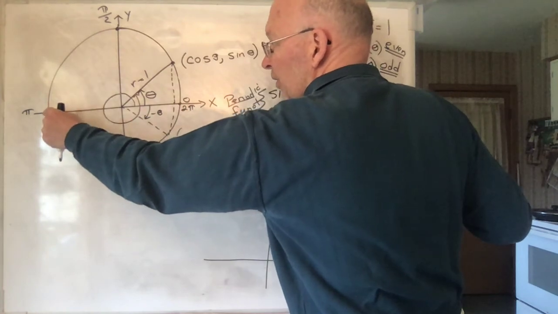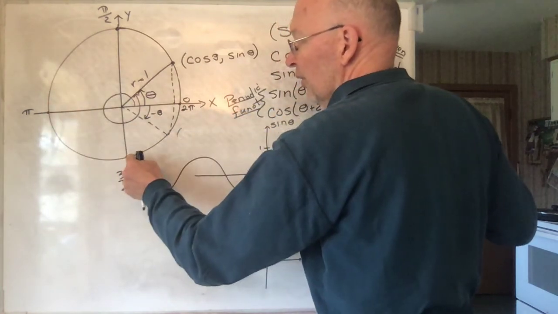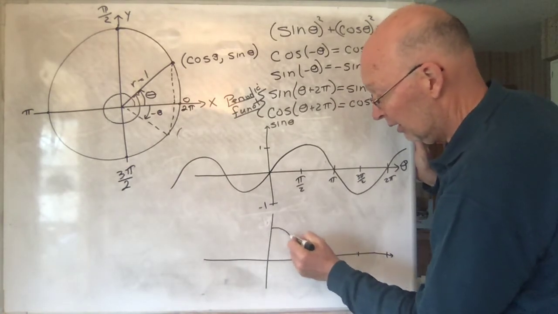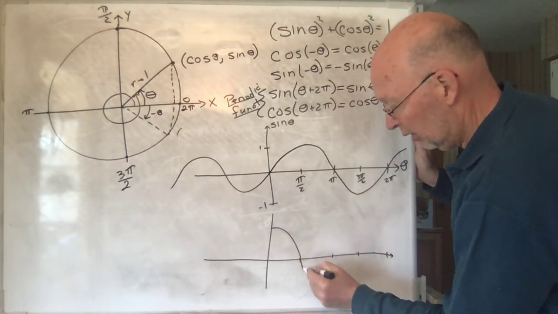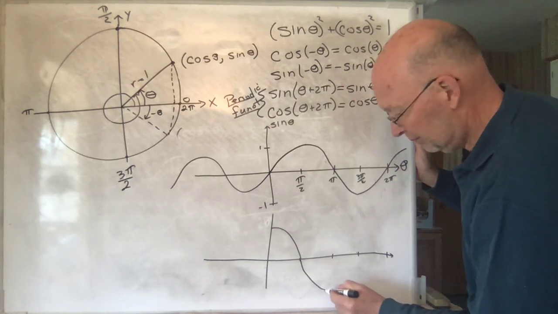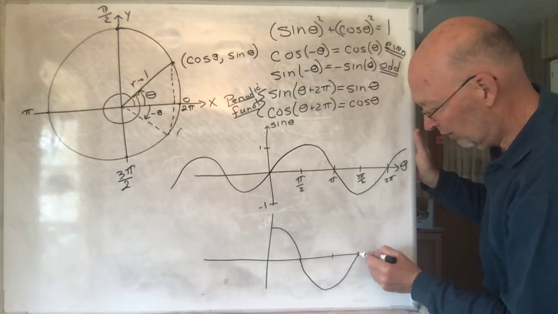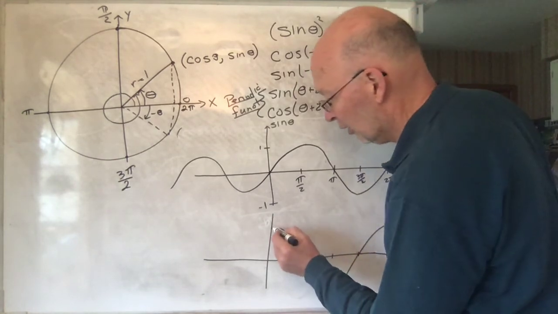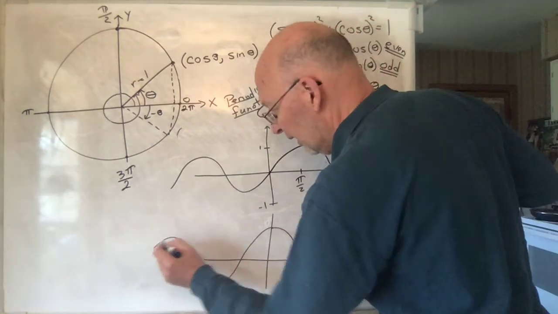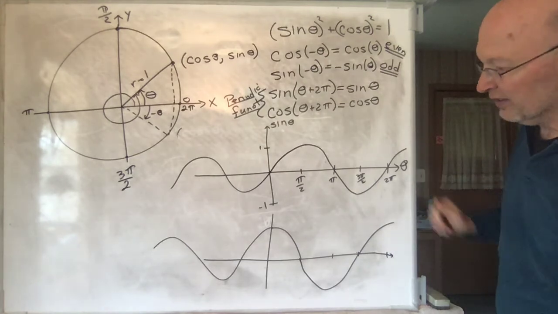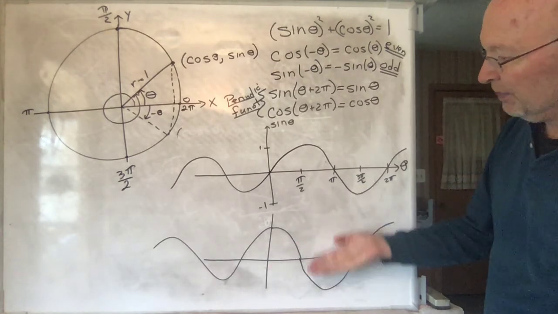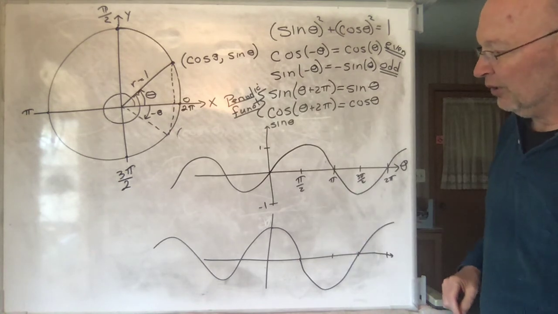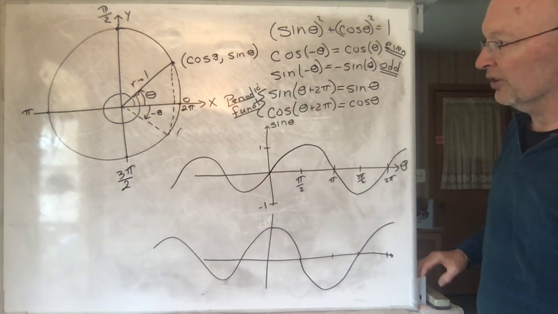Now the x-coordinate is -1, 0, and back to 1 again. What did I say? It started at 1, goes to 0, goes to -1, goes back to 0, and goes to 1 again. And then it just keeps doing that same thing over and over again, just like the sine does. You notice that the shapes are exactly the same, it's just that one is shifted from the other. So that's another property of those two functions.